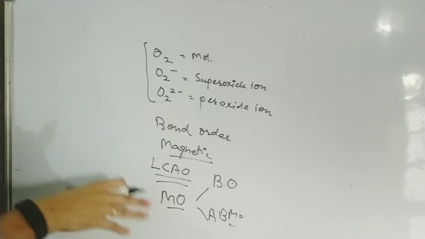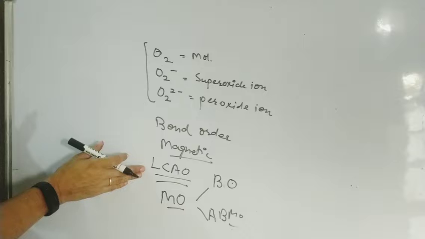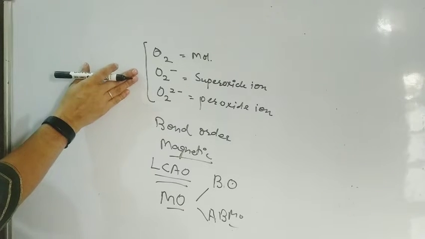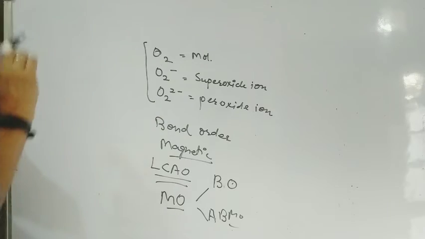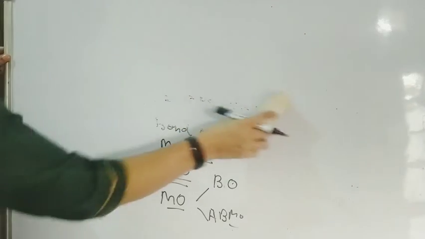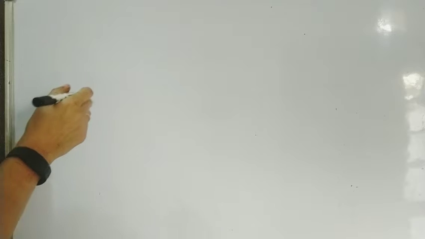We are not taking the theory of linear combination of atomic orbitals now. We'll discuss only the bond order and magnetic behavior of these ions. Fine, according to spectroscopic data, the molecules are divided into two parts.